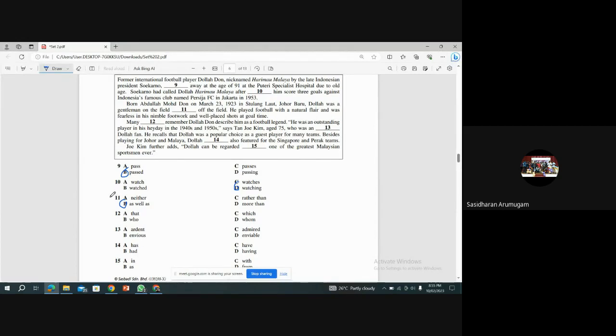Okay, many who remember Dola Don described him as a football legend. He was an outstanding player in his heyday in the 1940s and 1950s, says Tan Joachim, age 75, who was an ardent.